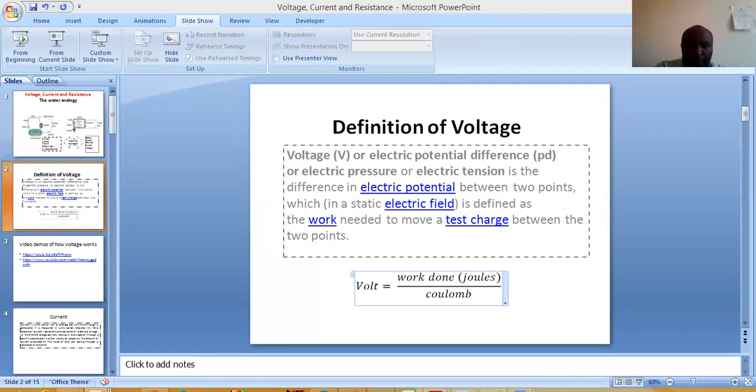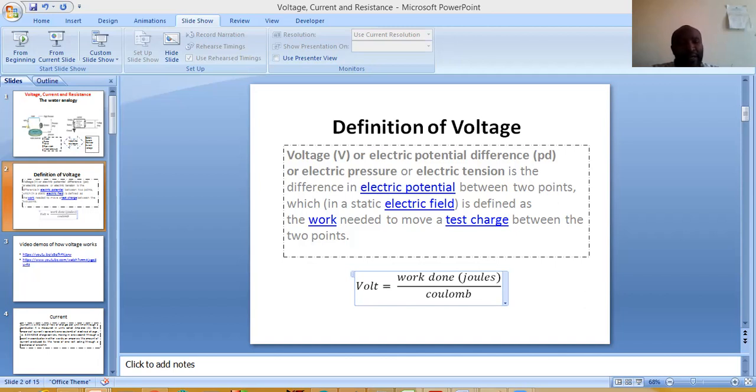So we've looked at a demonstration of what voltage is, and it's electrical potential or electrical potential energy that enables charge to do some work.